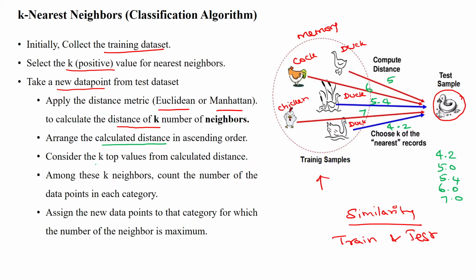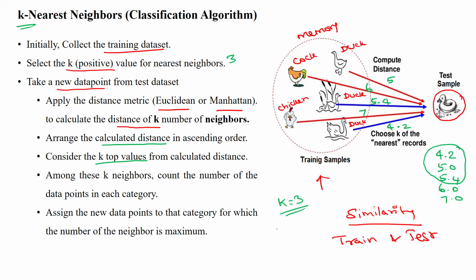Then we can take the k number of top values. Suppose my k value is 3. Then I select the top 3 values as the nearest neighbors. K is the number of nearest neighbors.